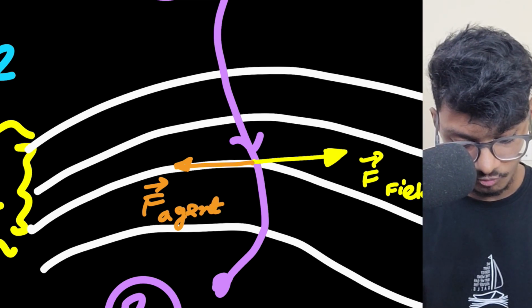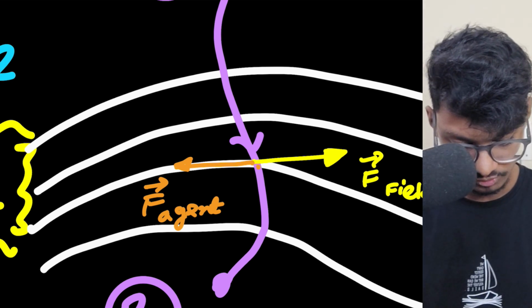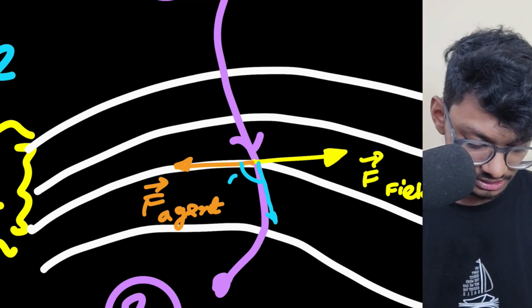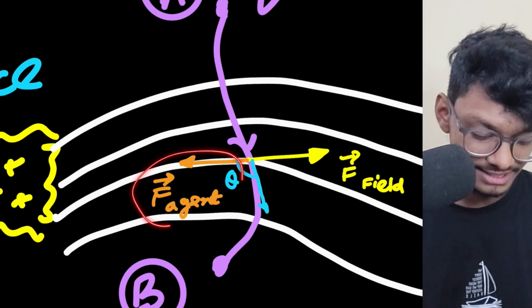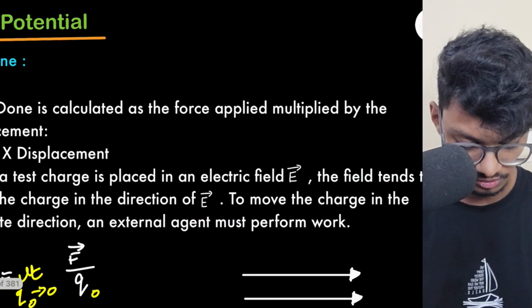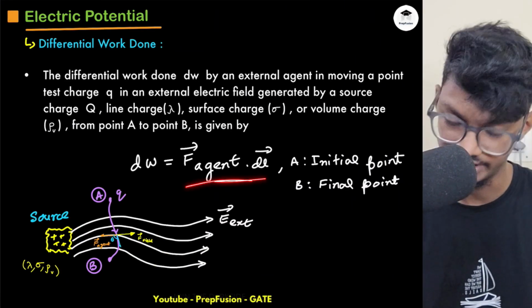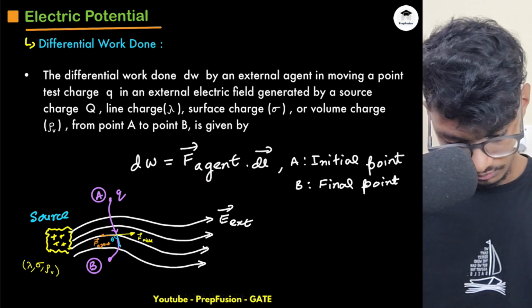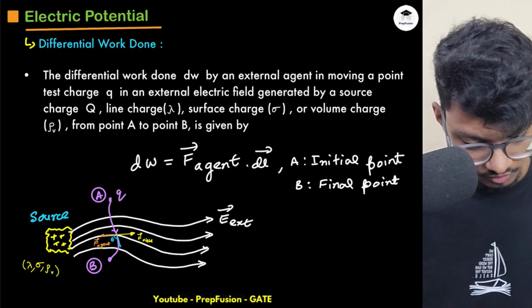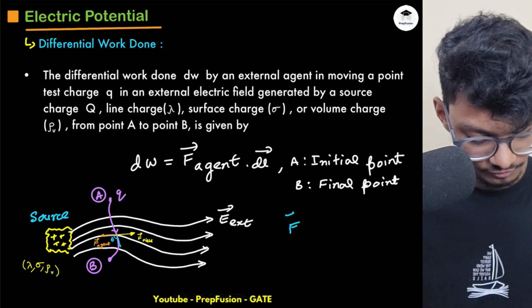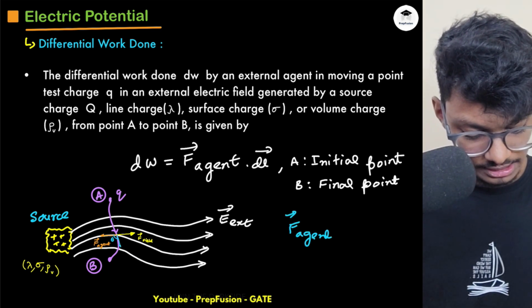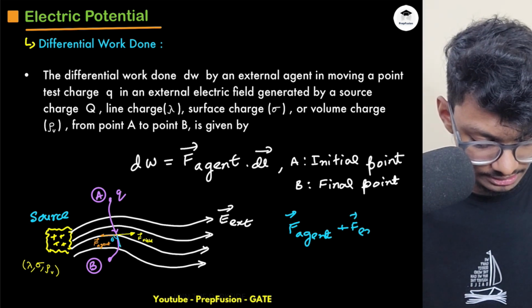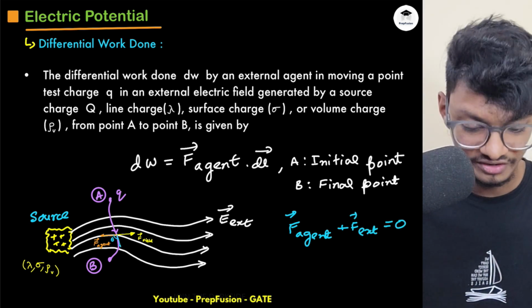So now what is the length vector here? The length vector will be in this direction. So it will have some theta. So the work done by the external agent will be F dot dl. This formula we already know: F agent dot dl. So the important point to note here is that always my F due to the external agent and F due to the external field will sum to 0. These two vector sums will be 0.